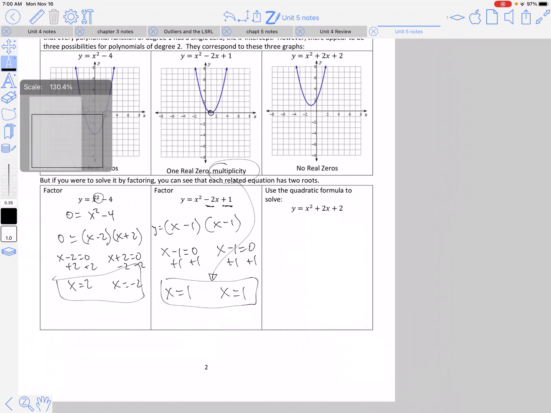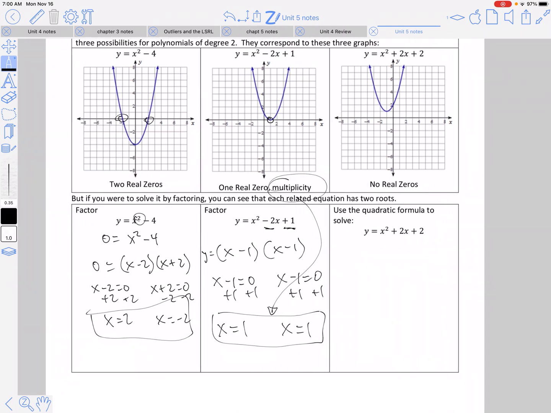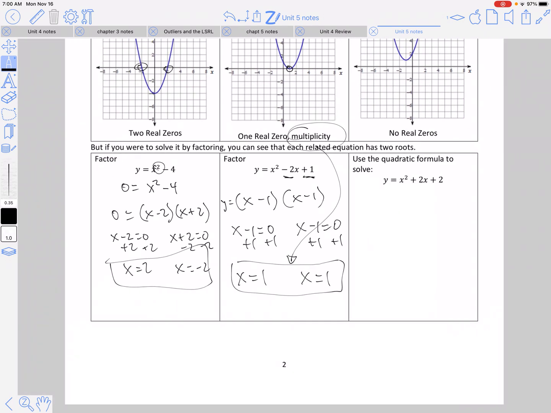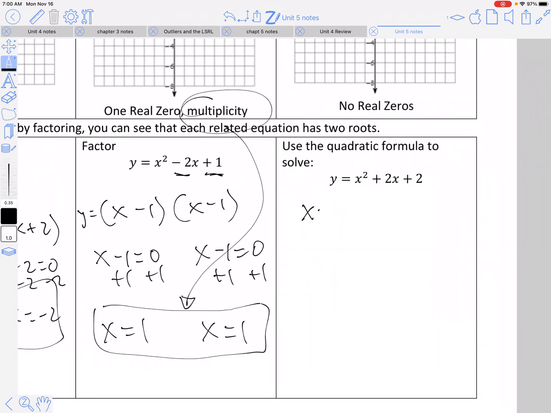Okay, and over here we're going to use the quadratic formula. And remember, x is equal to negative b. What are we doing? Remember, we're solving, right? And we know that the degree is 2, so we're expecting to get 2 solutions. X is equal to negative b plus or minus a square root of b squared minus 4ac all over 2a.